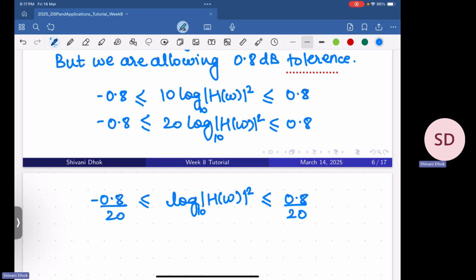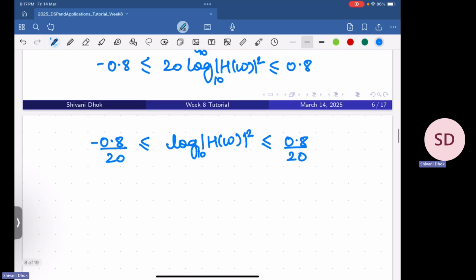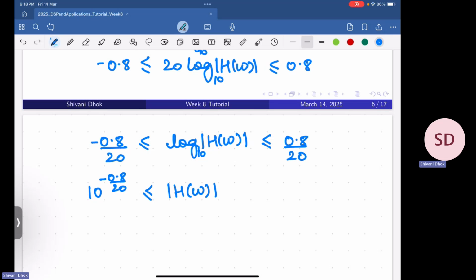Now in order to get the linear value, we need to take 10 to the power of whatever value we have on all the sides. Therefore 10 to the power minus 0.8 by 20. 10 to the power x is a monotonically increasing function, so the inequalities will remain the same. Magnitude of H of omega is less than or equal to 10 to the power 0.8 by 20.